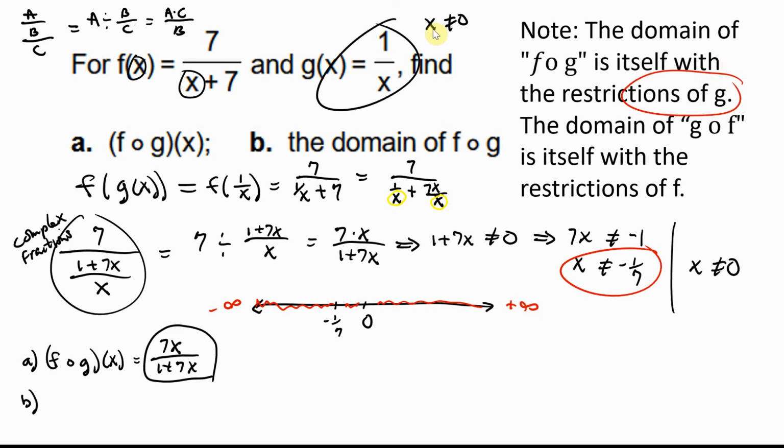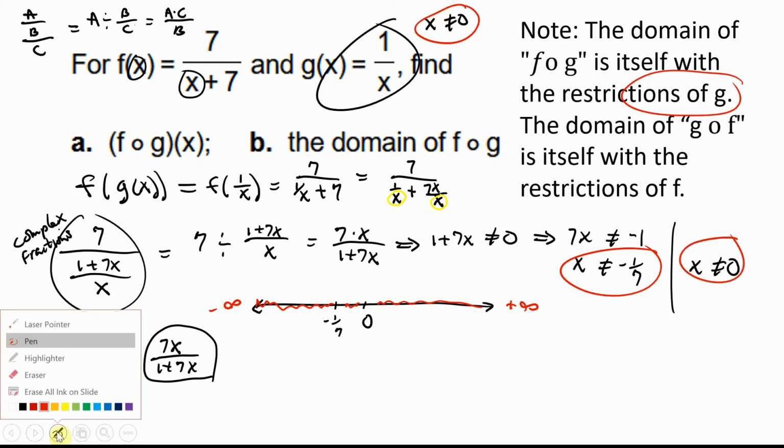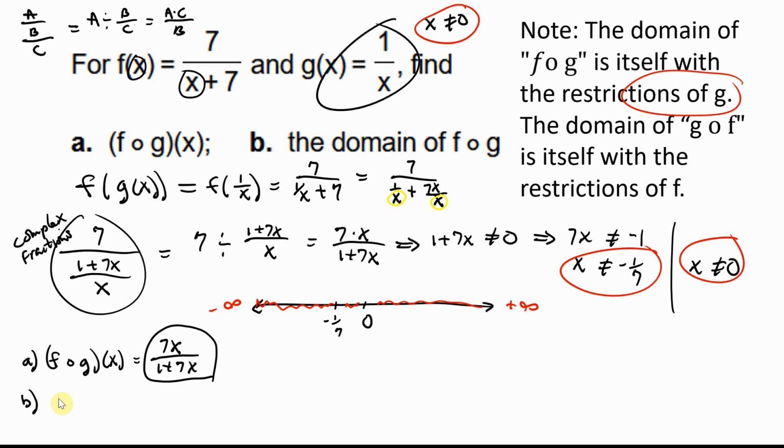The restriction of g is x not equal to 0. So the domain here would be parentheses, negative infinity to negative 1 over 7, close parentheses, union with negative 1 over 7 to 0, close that up, union with 0 to positive infinity.